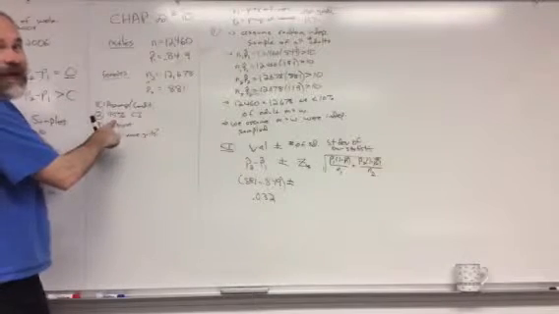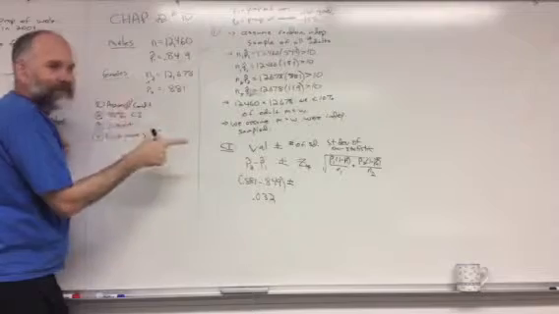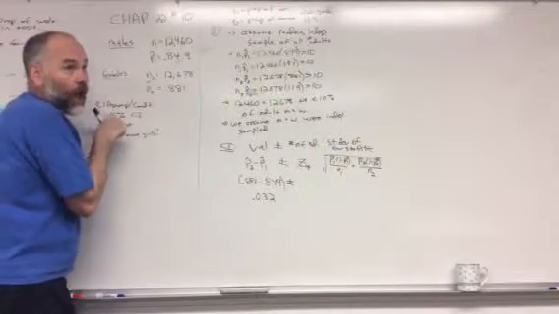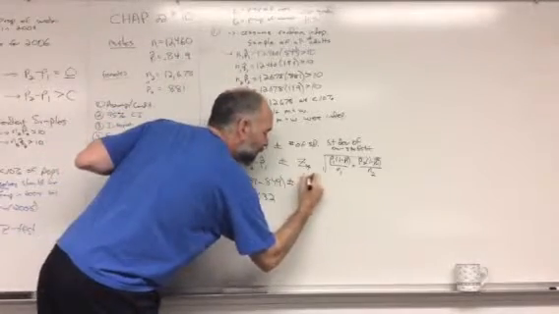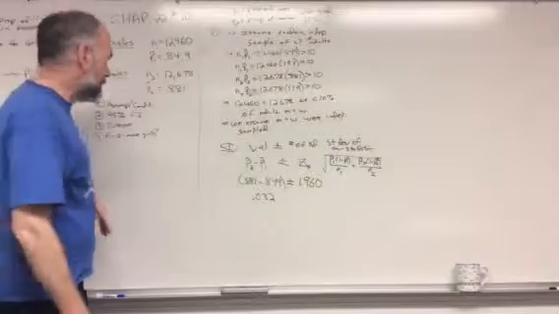95% confidence interval. What's a Z star for a 95% confidence interval? Give me a second. Okay, it's 1.960. That's still the same.